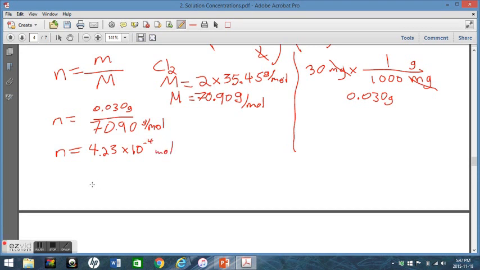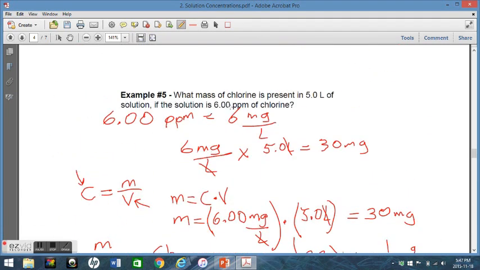And I want to look and say, okay, C then is equal to N over V, which is equal to moles, there it is, 4.23 times 10 to the negative 4 moles. Divide that by my volume, which all the way back up at the top is 5 liters.